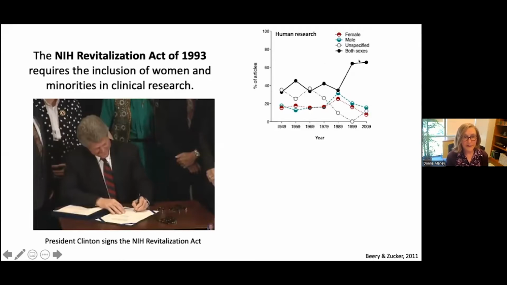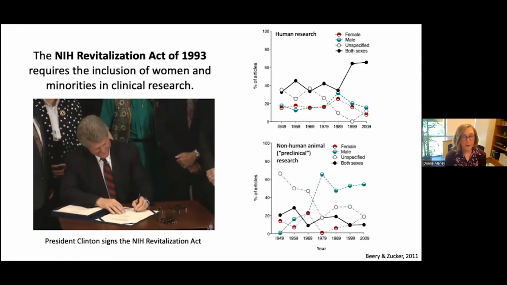So this big increase is, of course, a huge improvement. And now women make up slightly more than half of participants in NIH-funded clinical research. But for research on non-human animals, which is what NIH calls preclinical research, there was no discernible improvement. So you can see that even after 1993, research on males only was still dominating.